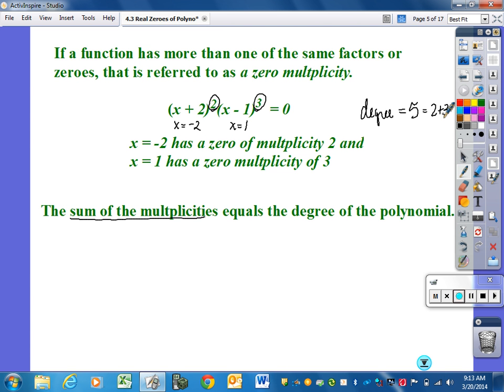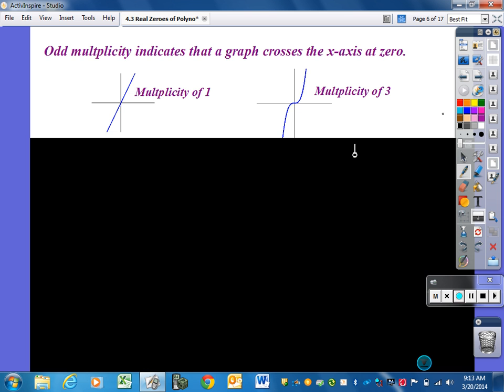Now let's look at what those functions look like graphically. If something has all odd multiplicity, it will cross the x-axis. Odd multiplicity will cross the x-axis. I choose zeros.